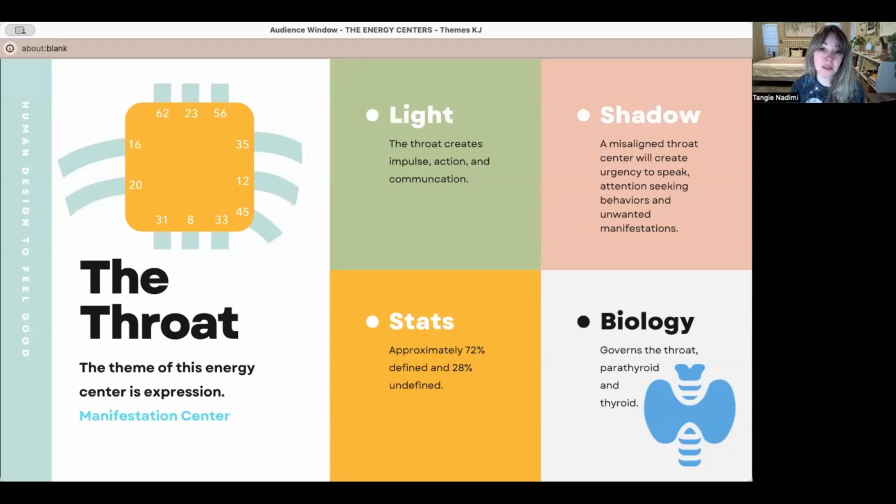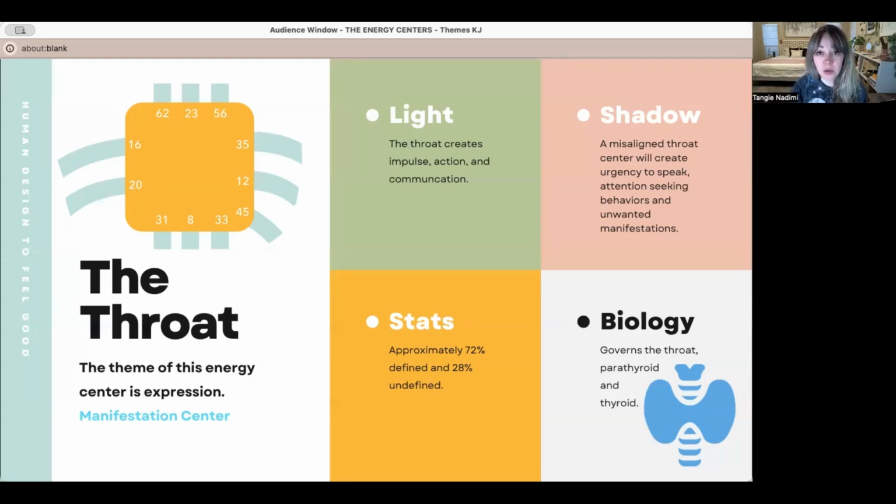About 72% of people have a defined throat, and we've got 28% undefined. Naturally, the defined throat or the undefined throat biology is governed by the throat, the parathyroid, and the thyroid. So if you bump into clients who may have had problems related to this energy or this biology, you might question where they feel like they couldn't share their truth, for example, or where they feel like they needed to get more attention.